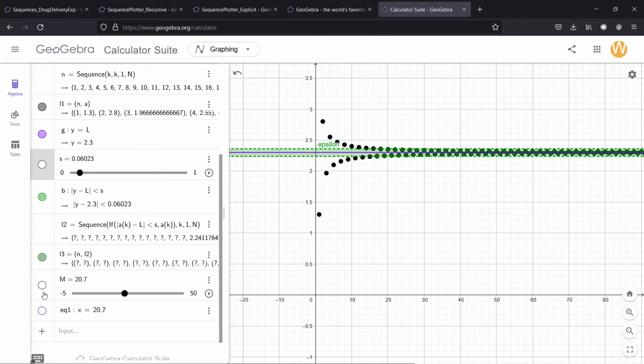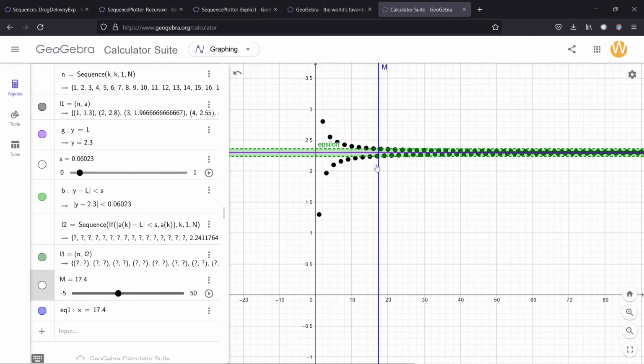In this case, this is our capital N in the definition. So this is the point right here in the sequence. There will always be a point such that all of the terms past that point are within that epsilon tube.